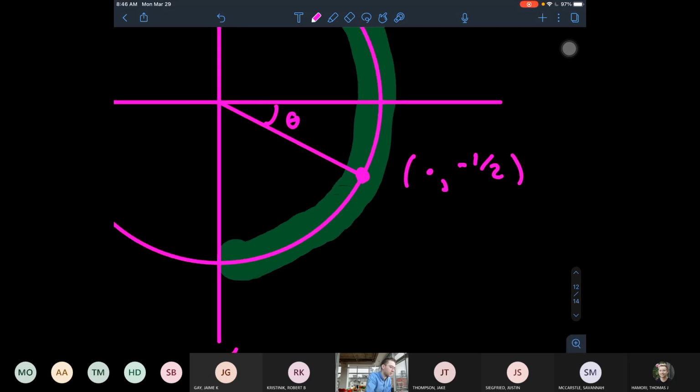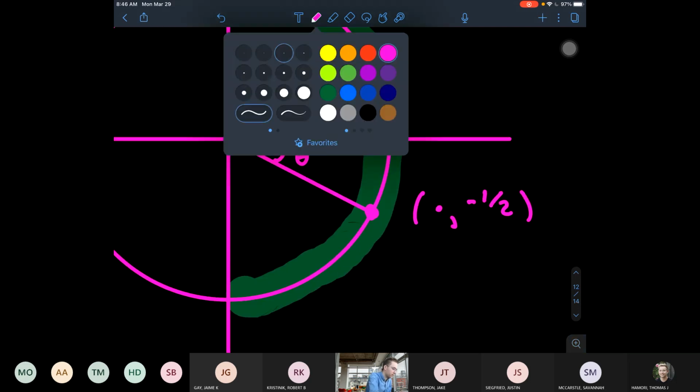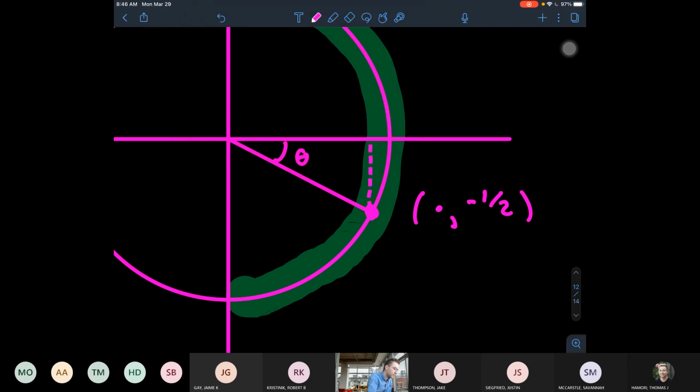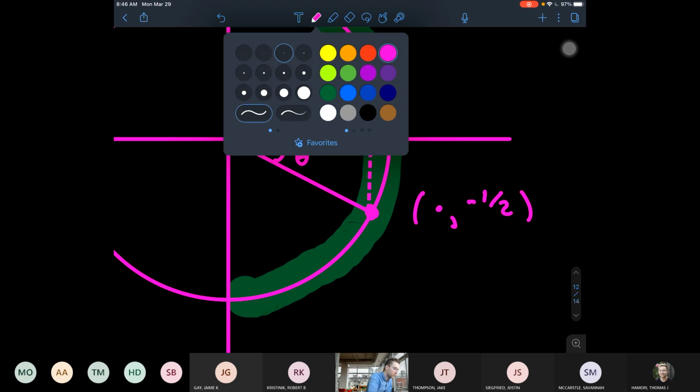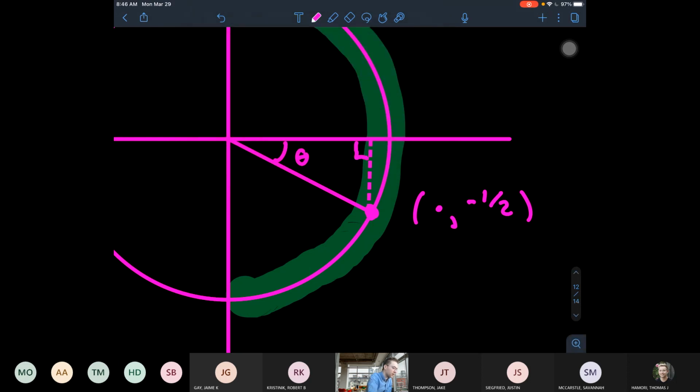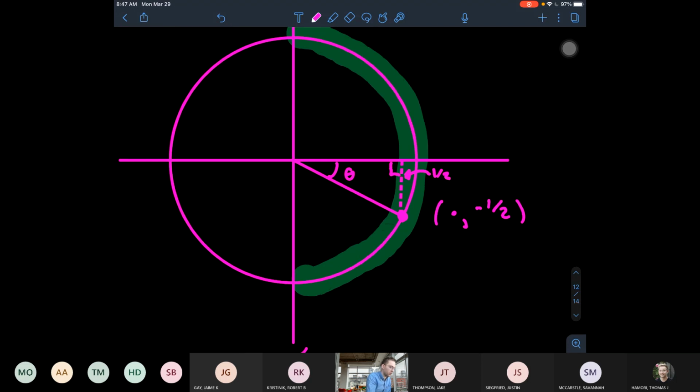And as always, I'm going to draw a gosh darn triangle. So here's our triangle. We know this is a right angle. I know because the y value of this point is -1/2, I know that the length of this side here is 1/2. I also know the length of another side on this unit circle.